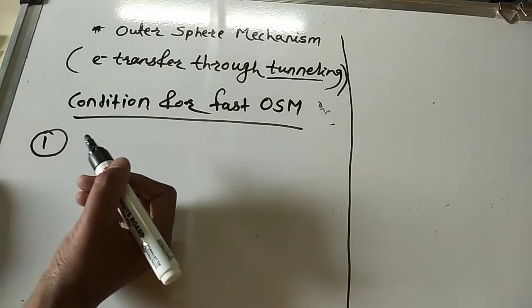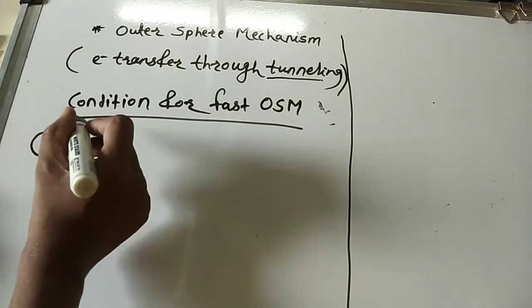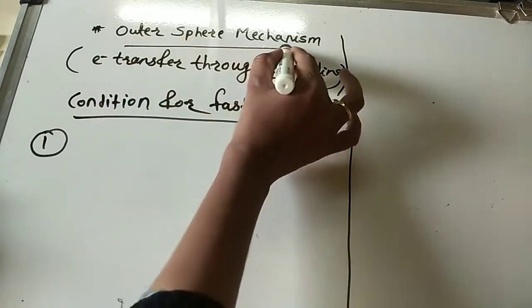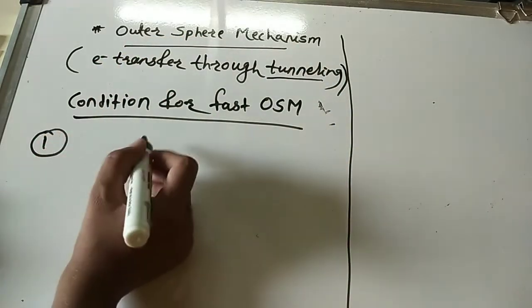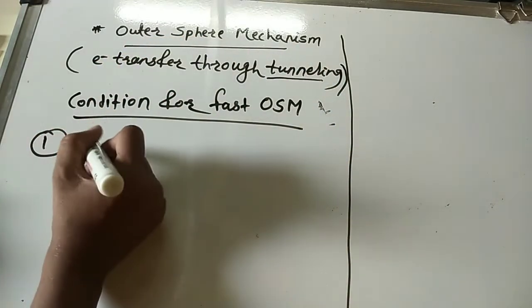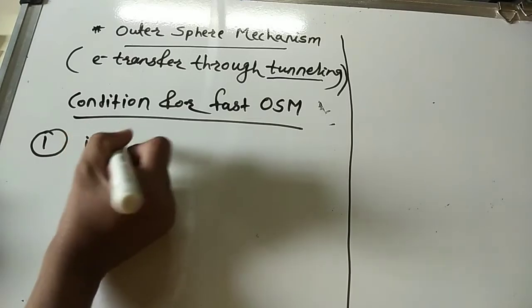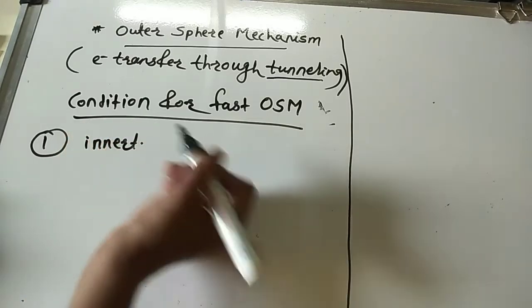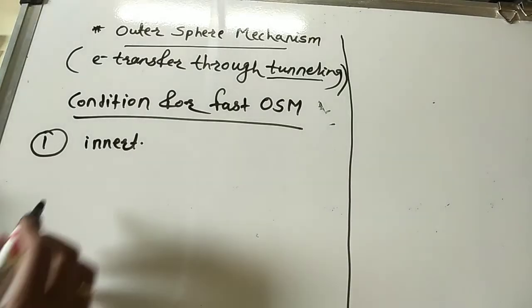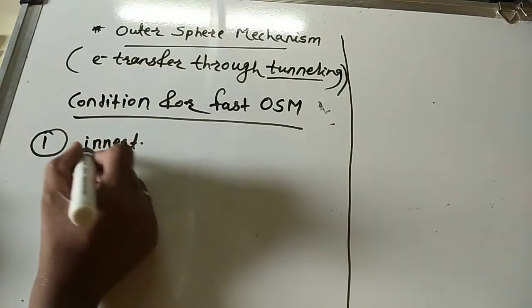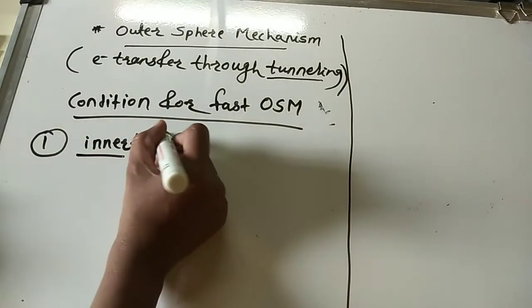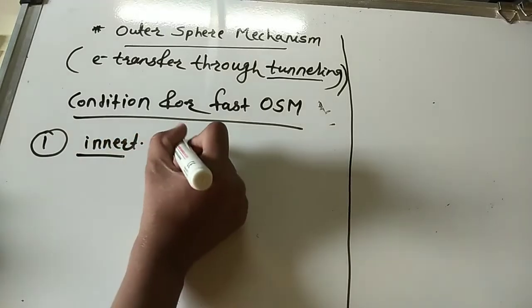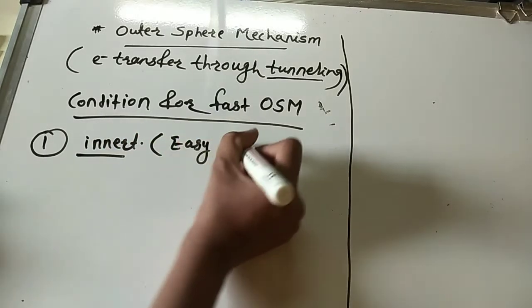The complexes used in the outer sphere mechanism should have inertness. Inertness means both complexes should be inert. If they are inert, they have easy tunneling.